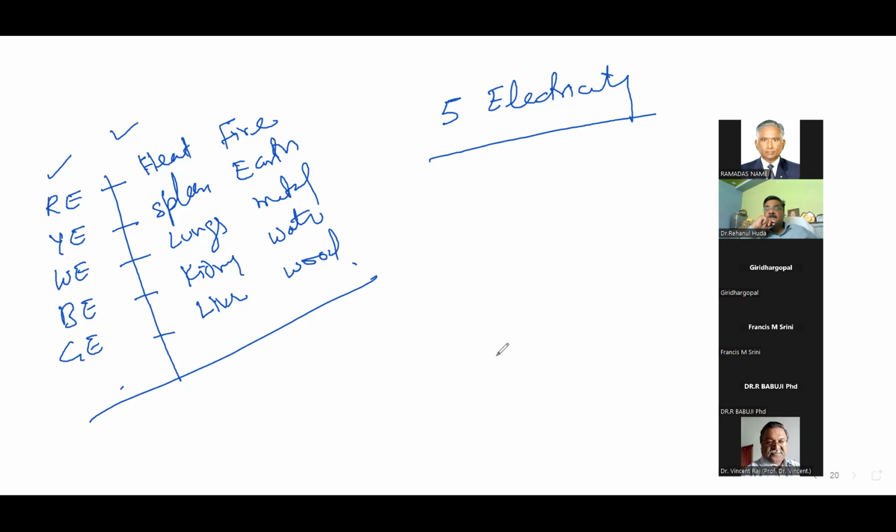Not exactly. I was looking at it as positive, negative, and neutral. You were not using this electricity as per the organs. But simply, red electricity works to create more heat or more energy in the body.